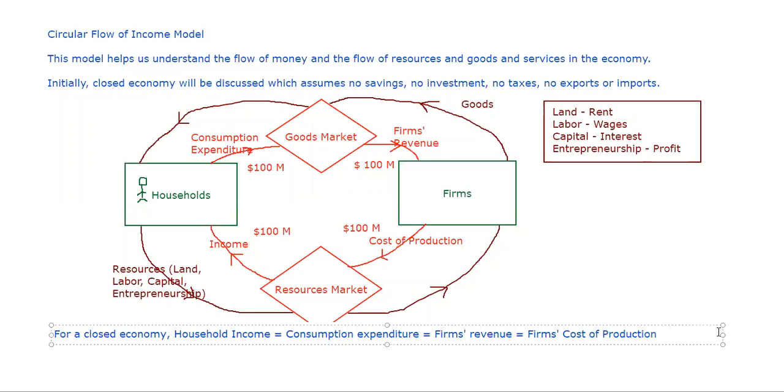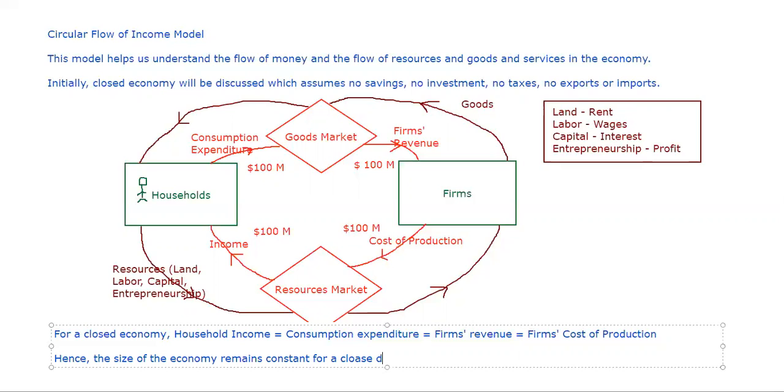So we basically are saying that the flow of money, or the size of the economy, remains constant for a closed economy. Easy, is it? But of course, we know that the size of the economies don't remain constant. They keep on changing. Economies keep on growing, or rarely they decrease in size.